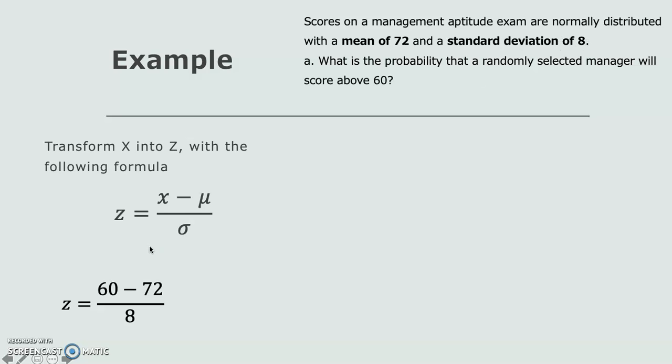We insert the numbers into the formula like this and get a result where z is equal to minus 1.5. So that is how you transform your random variable x into the standard normal variable z. But we haven't solved the case, because the question is, what is the probability a randomly selected manager scores above 60?